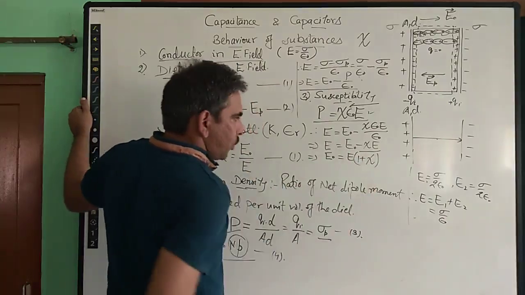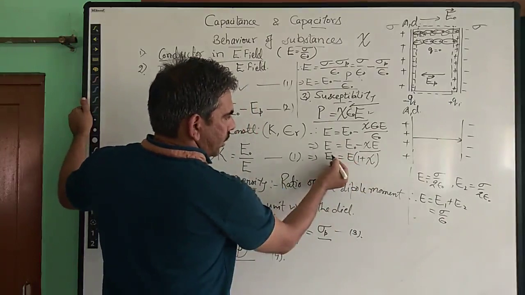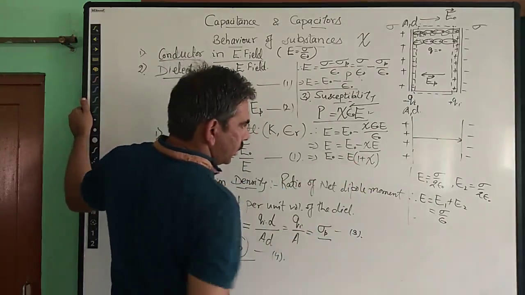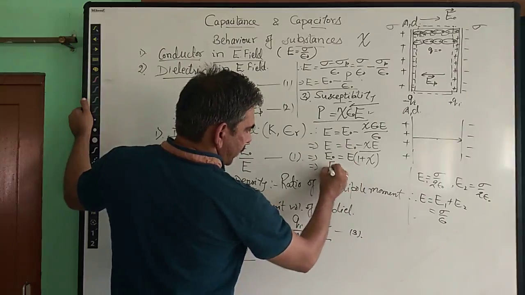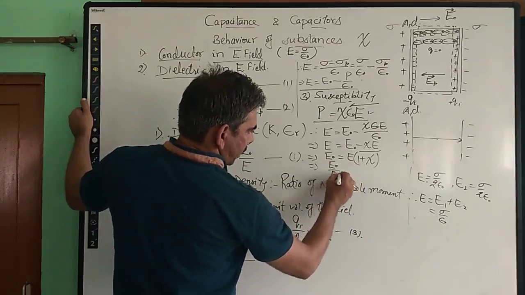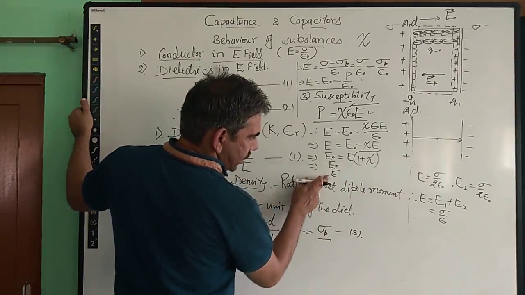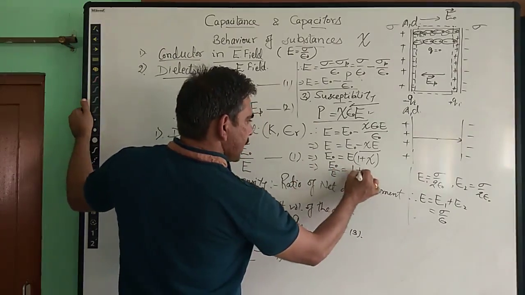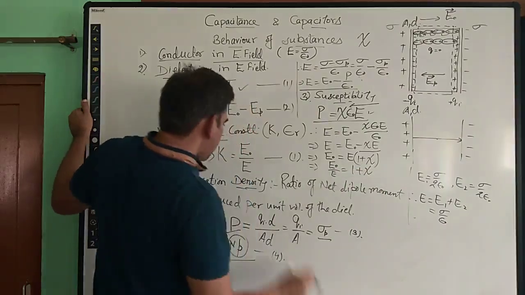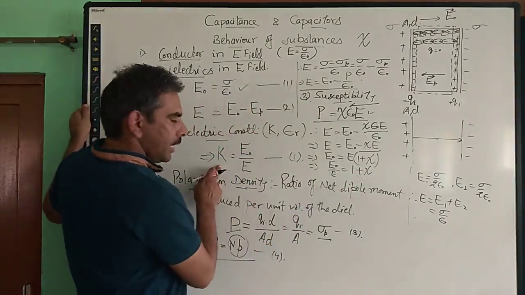We are just transposing, keeping E naught on one side and E on the other side. So this E can be taken to the left side, so it is E naught upon E. This is the applied electric field and this is the reduced value of electric field. On the right hand side we are left with only 1 plus xi. And this ratio is nothing but the dielectric constant.